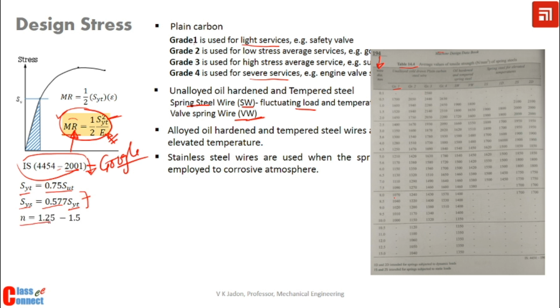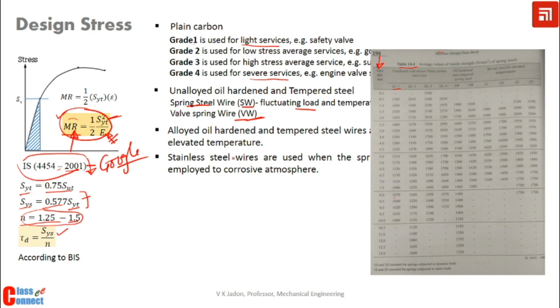The factor of safety we take as 1.25 to 1.5, and this design stress we can obtain as SYS by N. Here you may ask one question: why have we selected this low factor of safety, whereas the importance of this spring is very high in the machine?